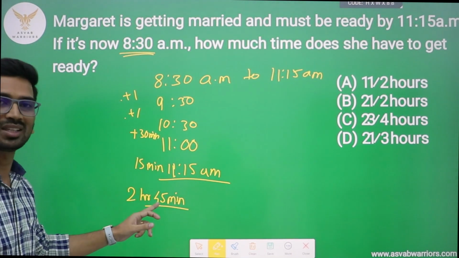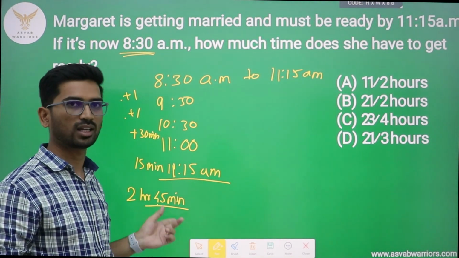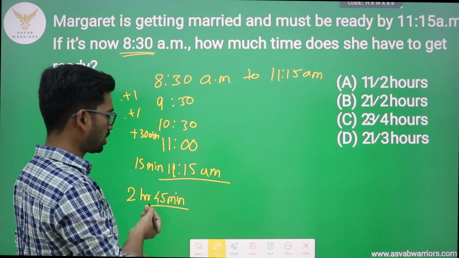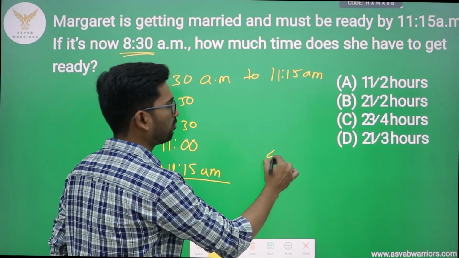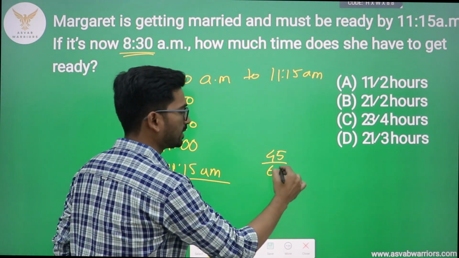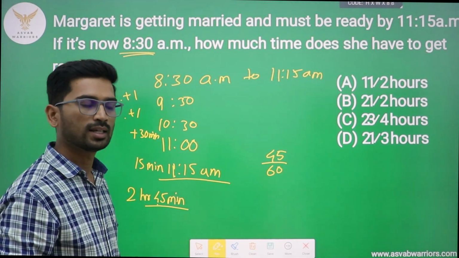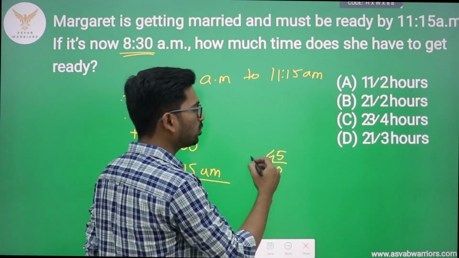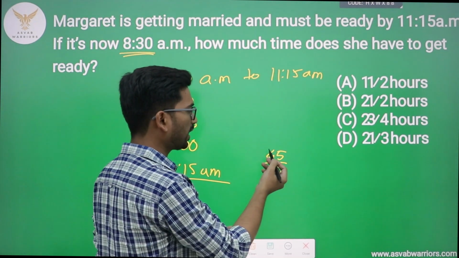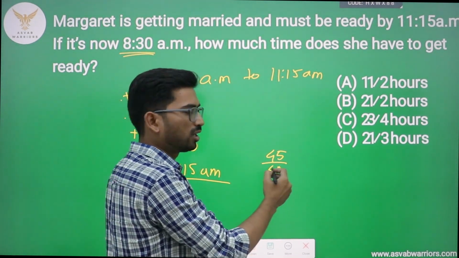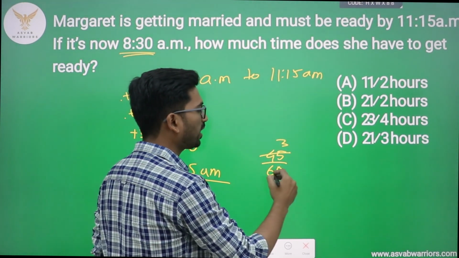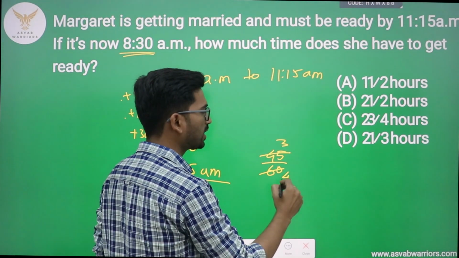Now if you want to convert this 45 minutes into hours, how much will it be? We need to take 45 minutes over 60. In 1 hour there are a total of 60 minutes, so we will divide by 60. If we reduce this, we can divide both terms by 15. So 15 3s are 45 and 15 4s are 60.